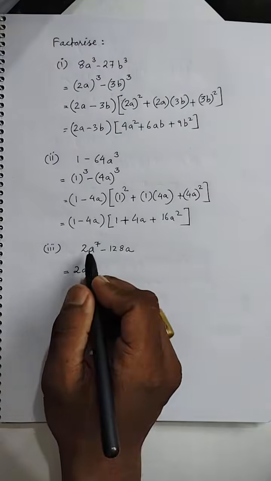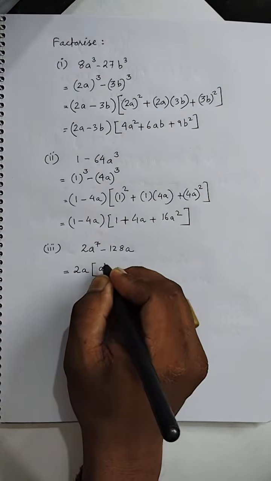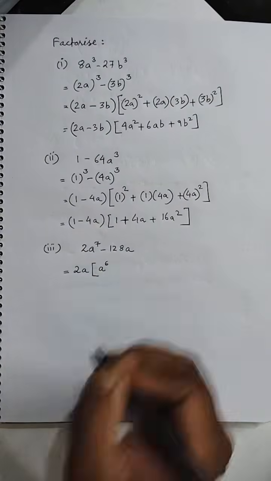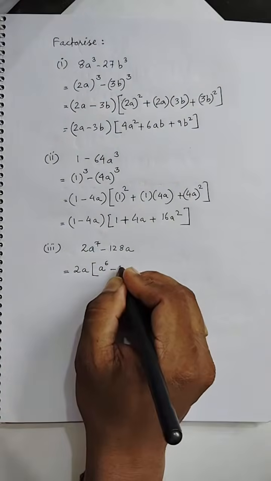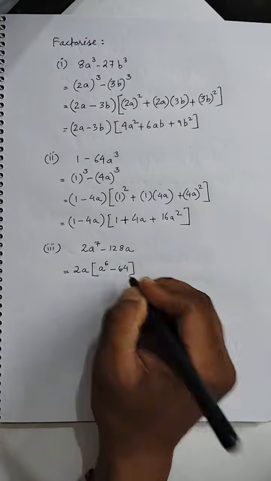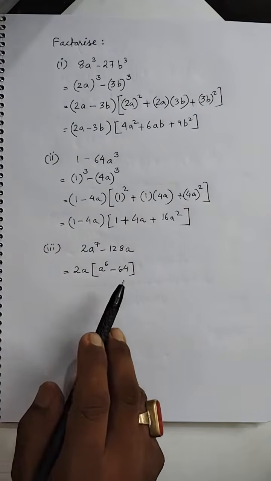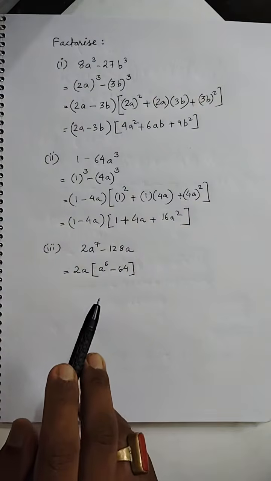So if we take out 2a as a common factor, we will be left with a to the power 6 and then we have 64. We will have a to the power 6 minus 64.